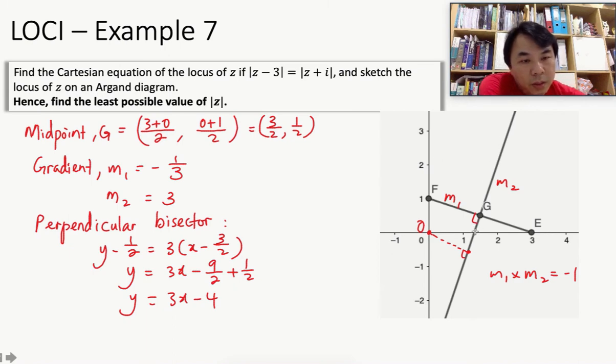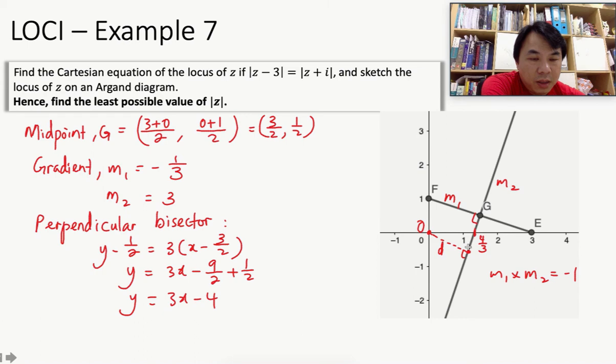Now we notice that this perpendicular bisector cuts the real axis at this point here. We can actually get that from this equation, which is 4/3. This is a right-angled triangle, and we need to find this particular distance here, which is the shortest distance possible. We know this length here, but we have no idea how long this is.